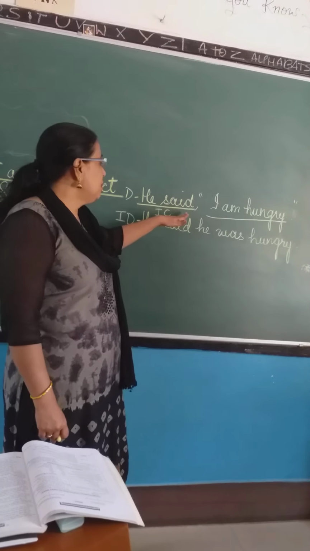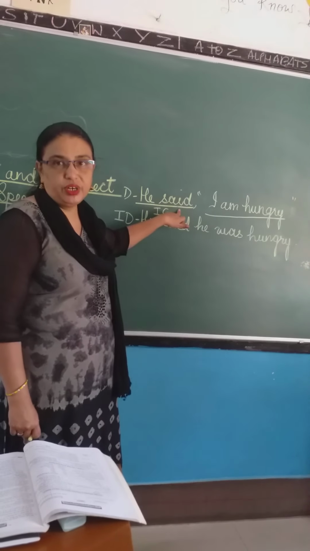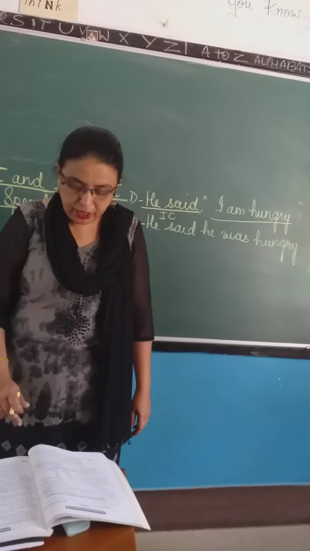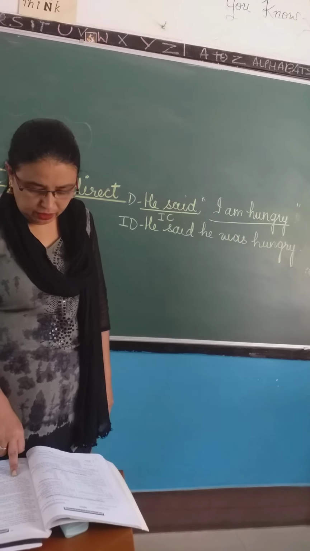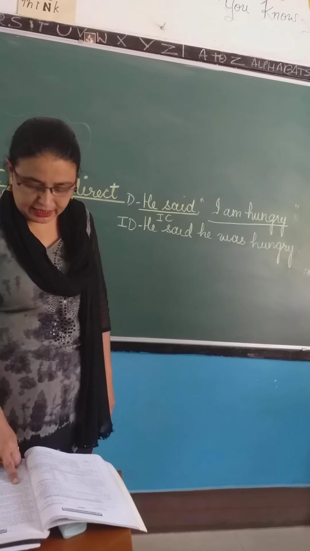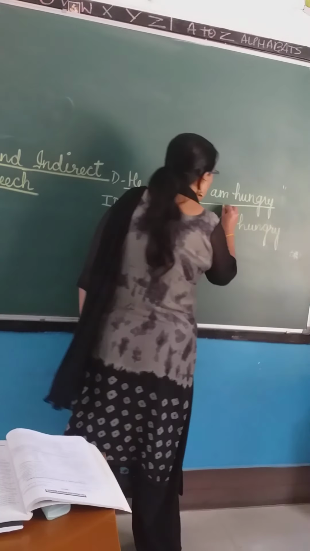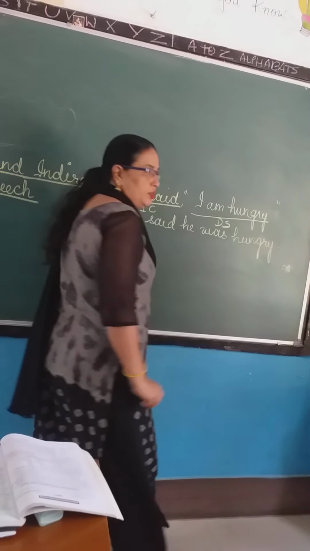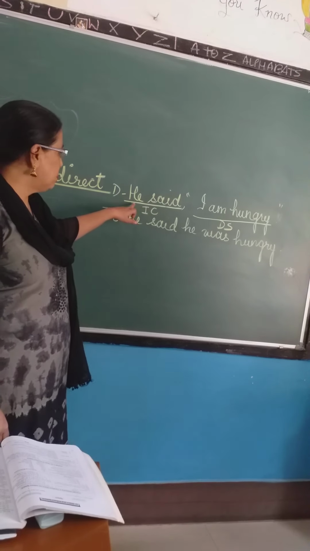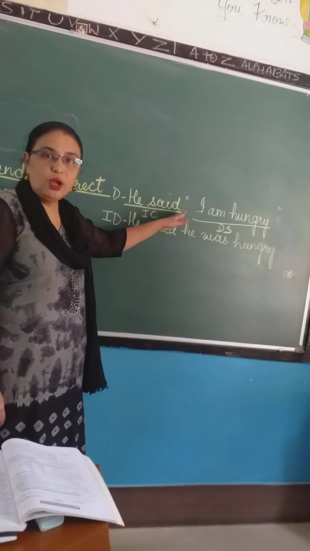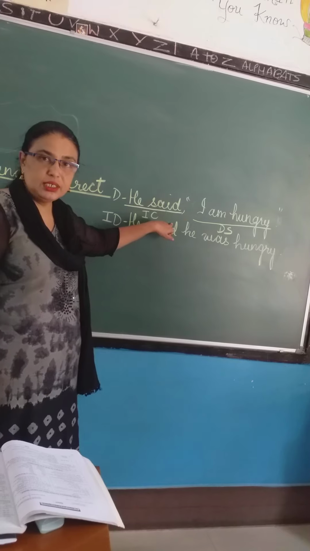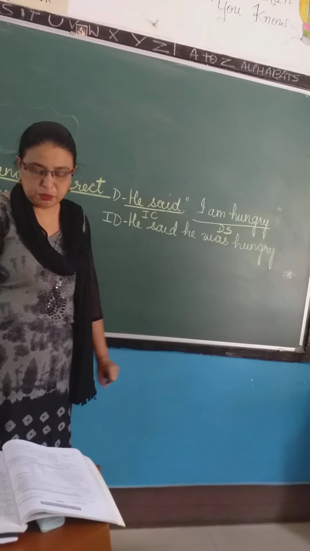So it's very important to have this introductory clause in direct speech. Next, the words inside the inverted commas are called direct speech. So in a sentence we have two parts: the introductory clause and the direct speech.